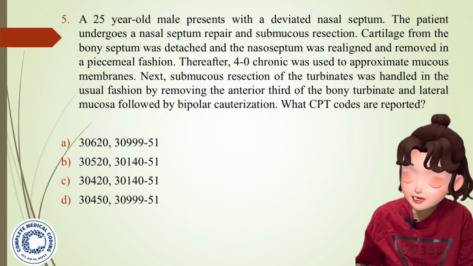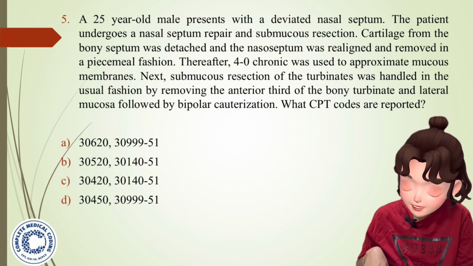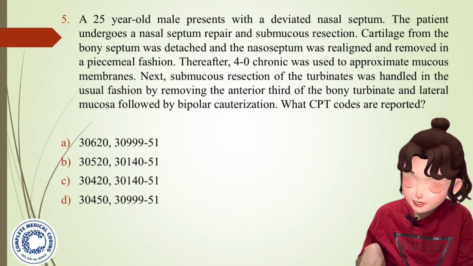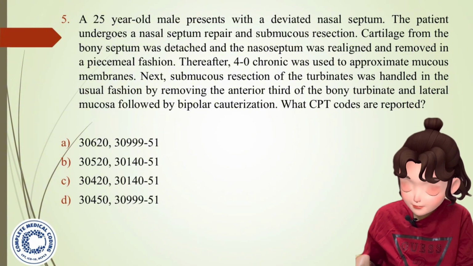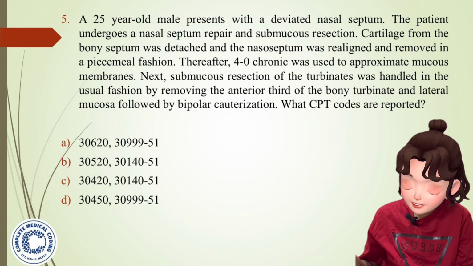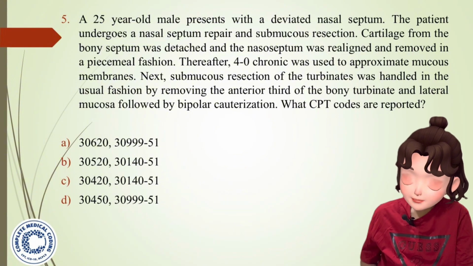And then what is 30140? Second option. We have two procedures, right? So 30140, submucous resection, inferior turbinate, partial or complete, any method. Submucous resection of inferior turbinate, partial or complete.